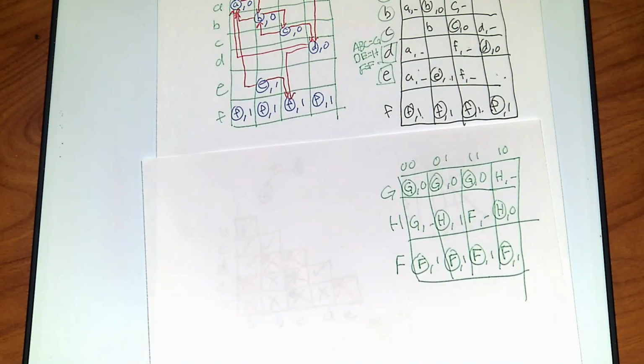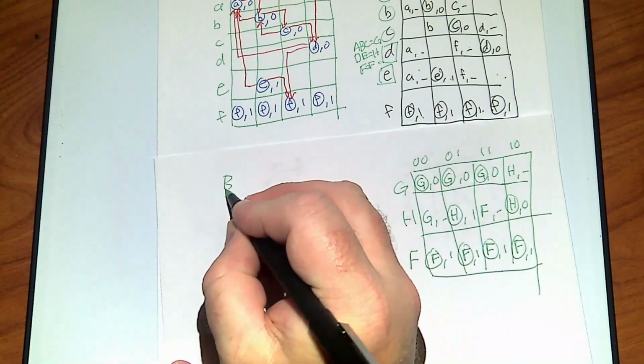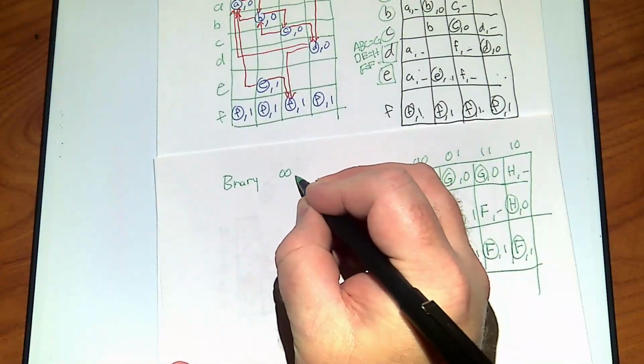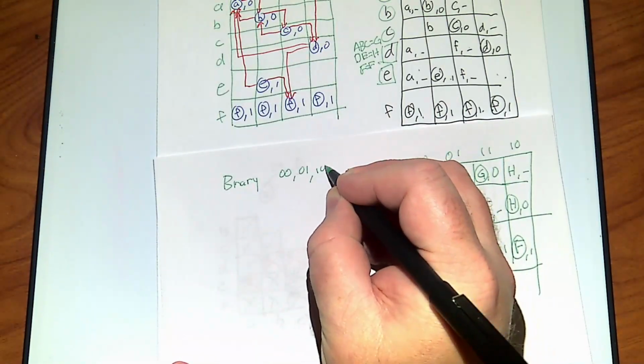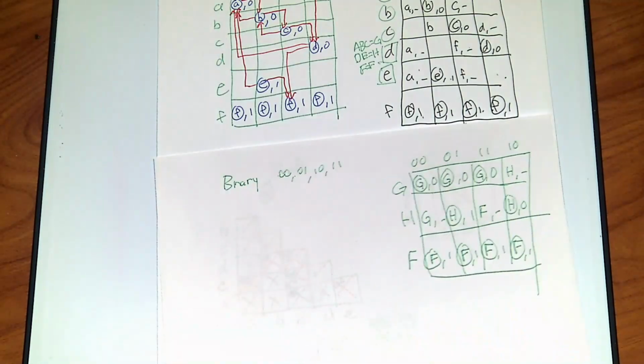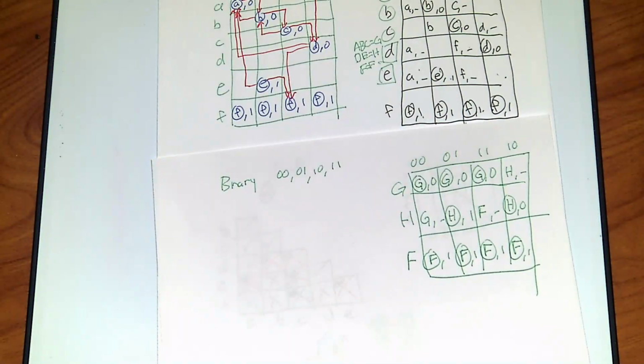Binary, right? So I've got one system, binary, right? That's the 0, 0, 0, 1, 1, 0, 1, 1, right? 0, 1, 2, 3. I can just do normal binary numbers. What else can I do?